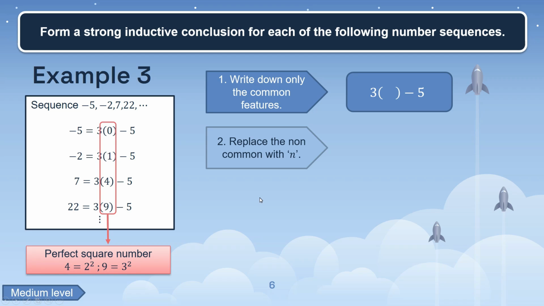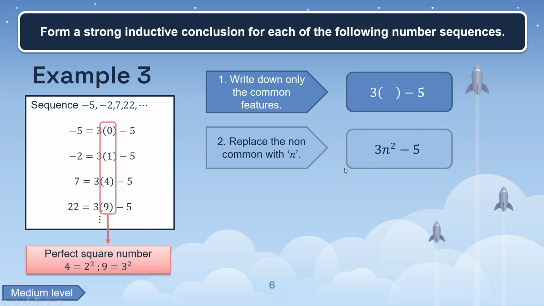And then we can write like this. 3 n power of 2 minus 5. N power of 2 we get from here. N is the difference. The power of 2 is the common. Okay, like this.